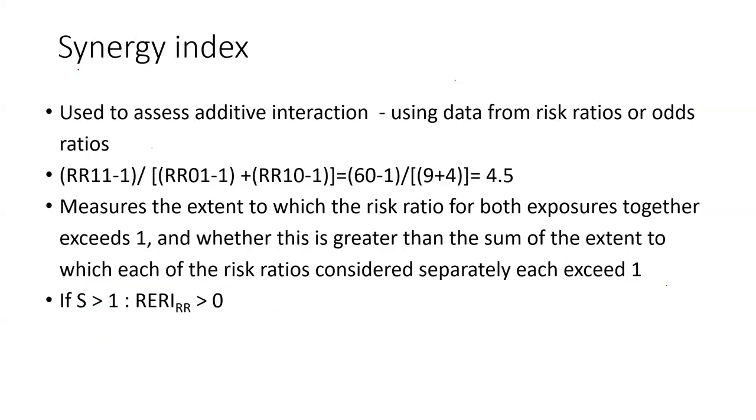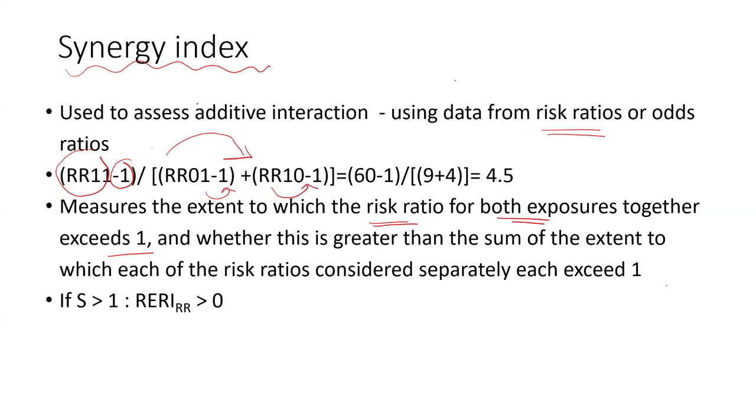The fourth one is the synergy index. Synergy index is again used to assess additive interaction. You again use your measures of effect directly here, and you find out the extent to which your measure of effect for both the exposures together exceeds 1, and you divide this by the difference of each of these effects from 1.